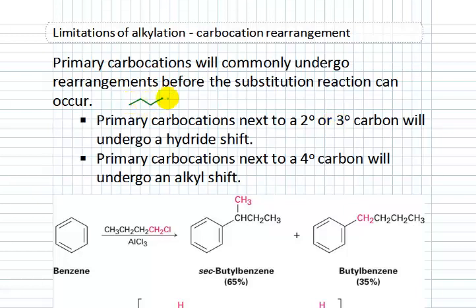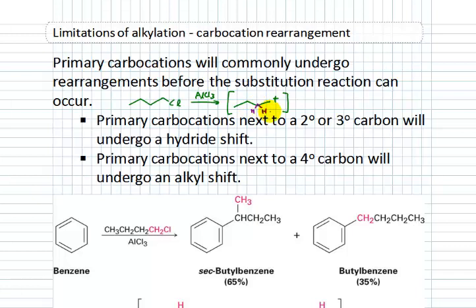If I have n-butyl chloride and react that with AlCl3, we'll get this n-butyl carbocation that is primary, but that won't be around for long. We'll have a hydride shift.